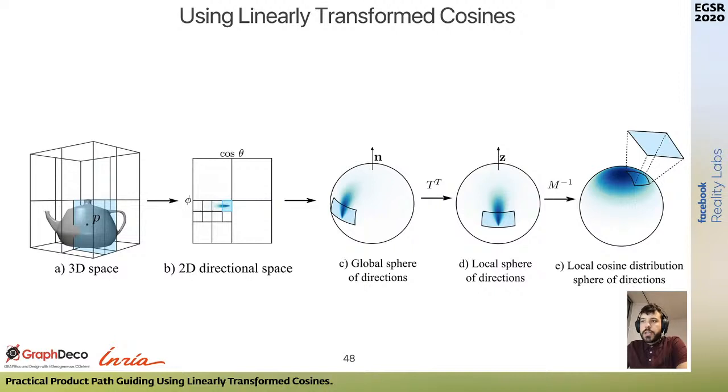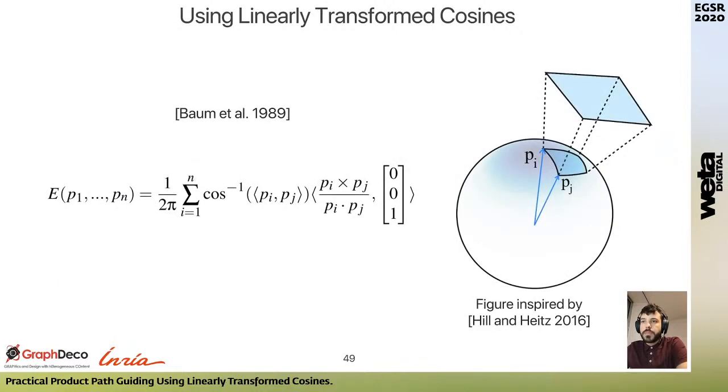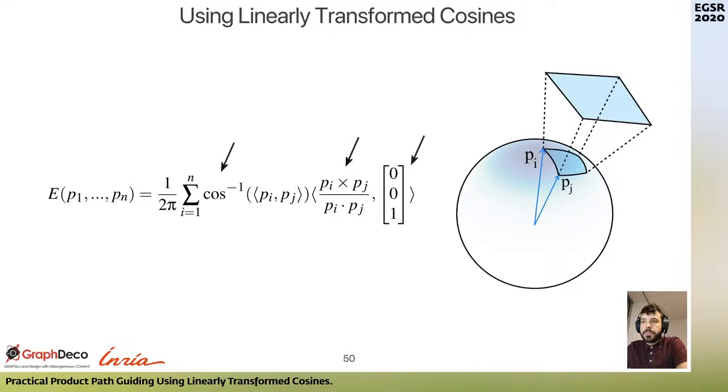Then we can apply the LTC transformation that takes us to a cosine distribution. Here is the analytic expression proposed by Baum and colleagues that we use once we are in the cosine distribution. This breaks down the computation in a computation between each pair of vertices.